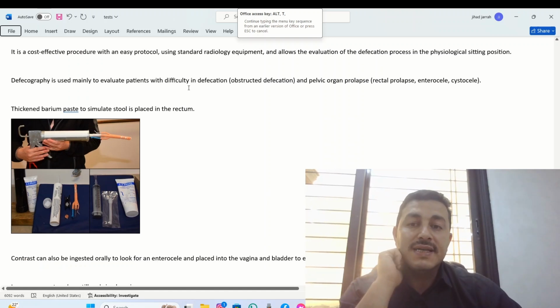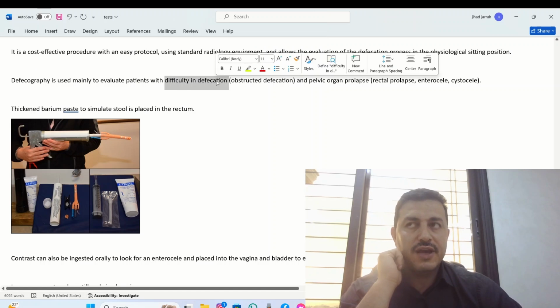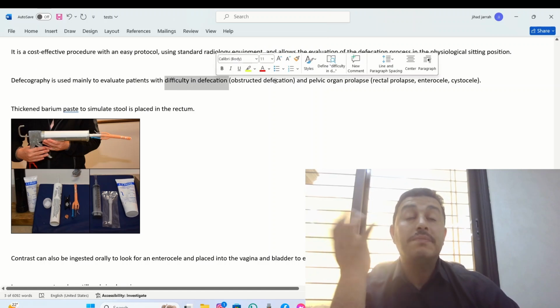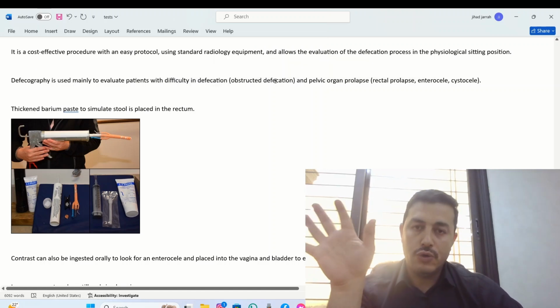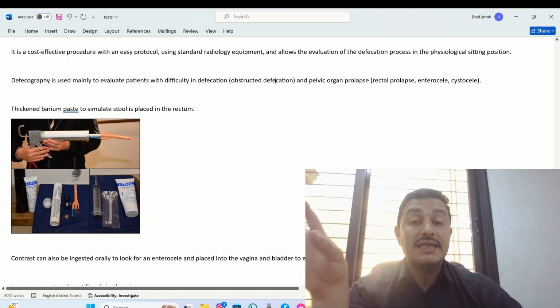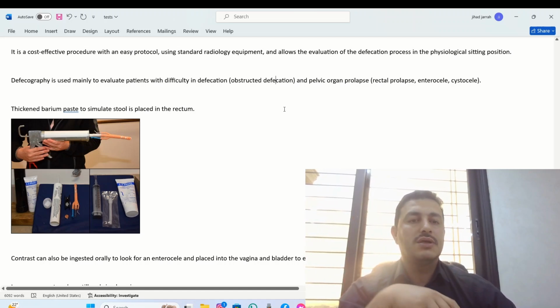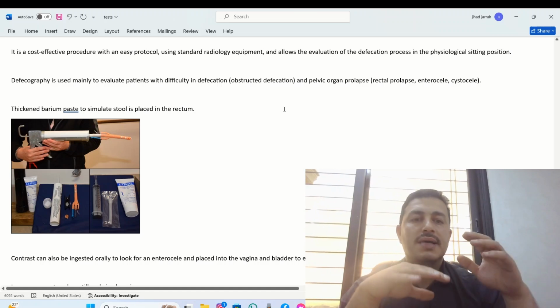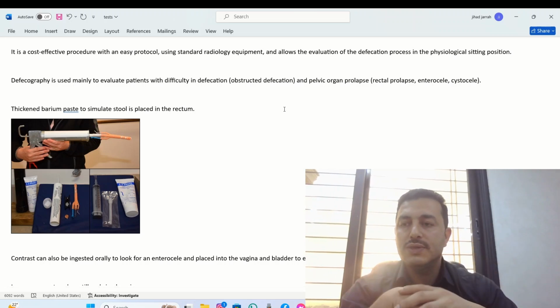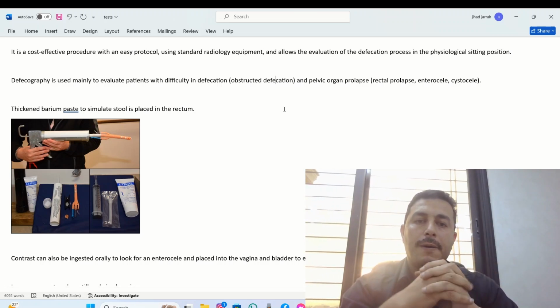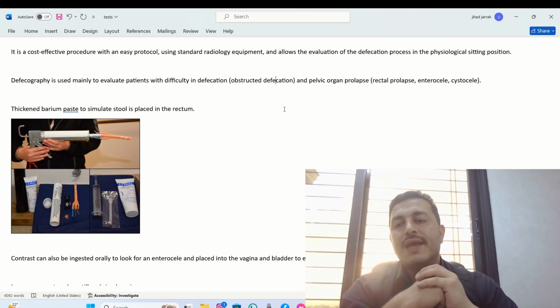The first is difficulty in defecation. If the patient has obstructed defecation, we will know how we can detect the cause, and also pelvic organ prolapse such as rectal prolapse, enterocele, cystocele. We can also assess that.